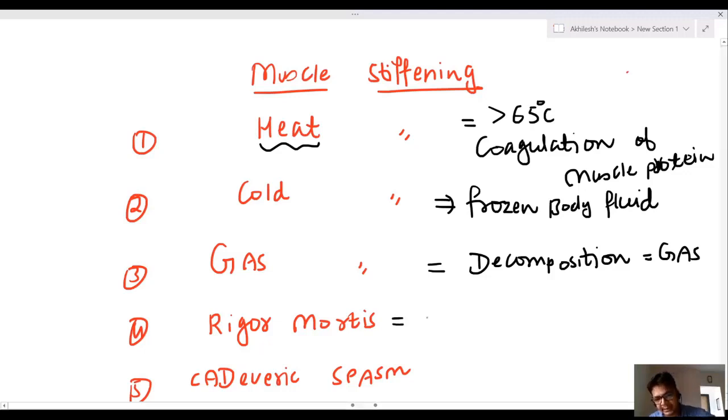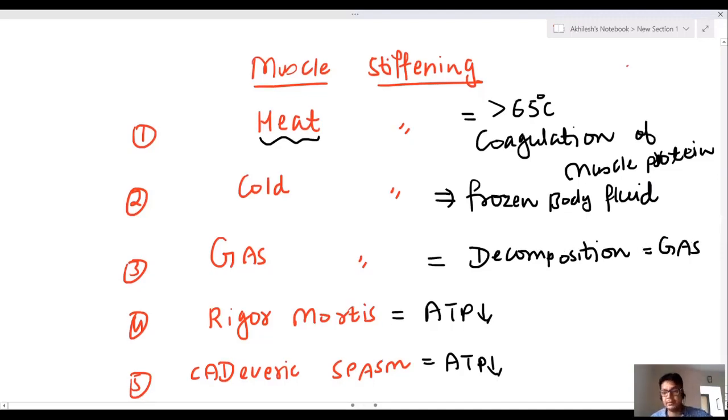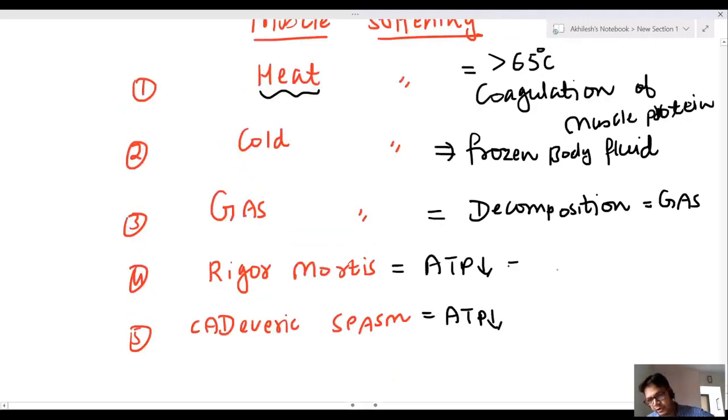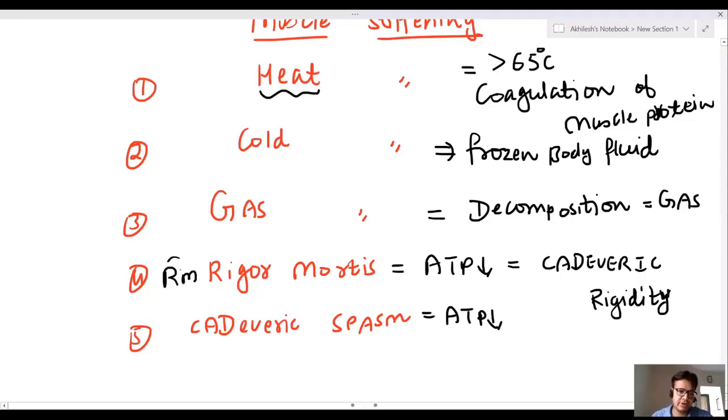Rigor mortis mechanism is ATP depletion, and cadaveric spasm mechanism is also ATP depletion. Rigor mortis is rigidity of muscle. It is also known as cadaveric rigidity, rigidity of muscle in the cadaver. Now we'll start rigor mortis, RM.